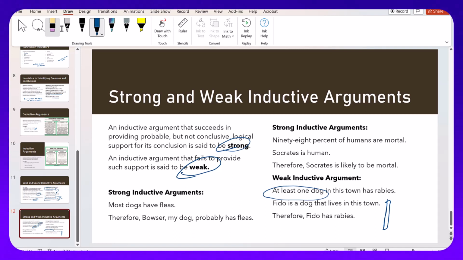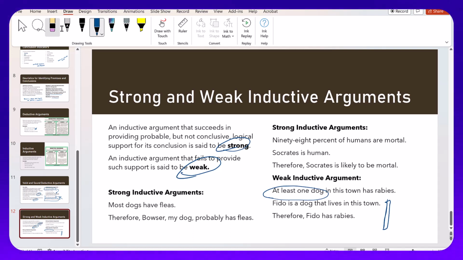But a weak one is when it doesn't provide support. So don't get those confused, right? If you're like, well, sure, there's a small chance, it still works out as a strong inductive argument. It's just a weak strong, if you will. Weak inductive arguments only happen when it doesn't provide the support, right?